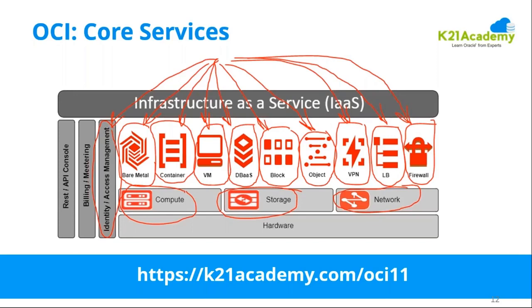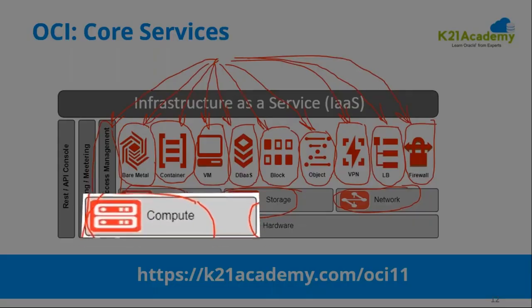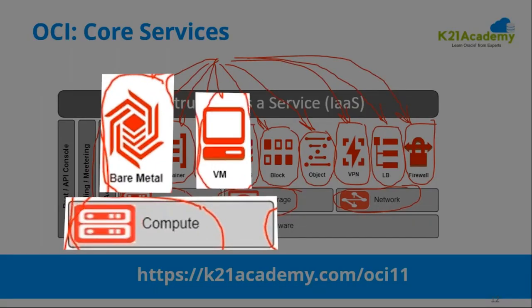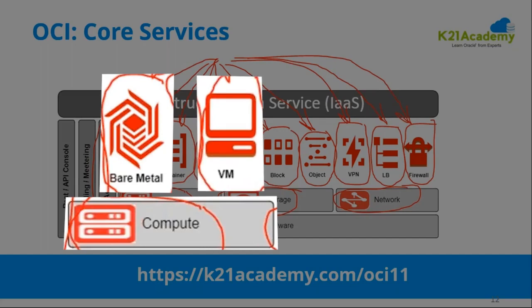So what are the core OCI services when you look at that from an infrastructure as a service perspective? The key thing that you need to have in mind is compute. The compute could be either a bare metal or a virtual machine. Bare metal is something wherein you own the complete compute.